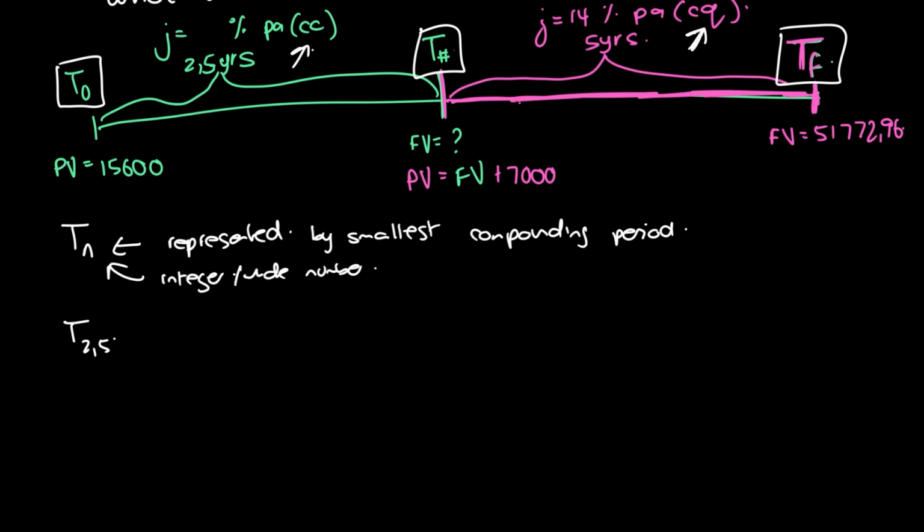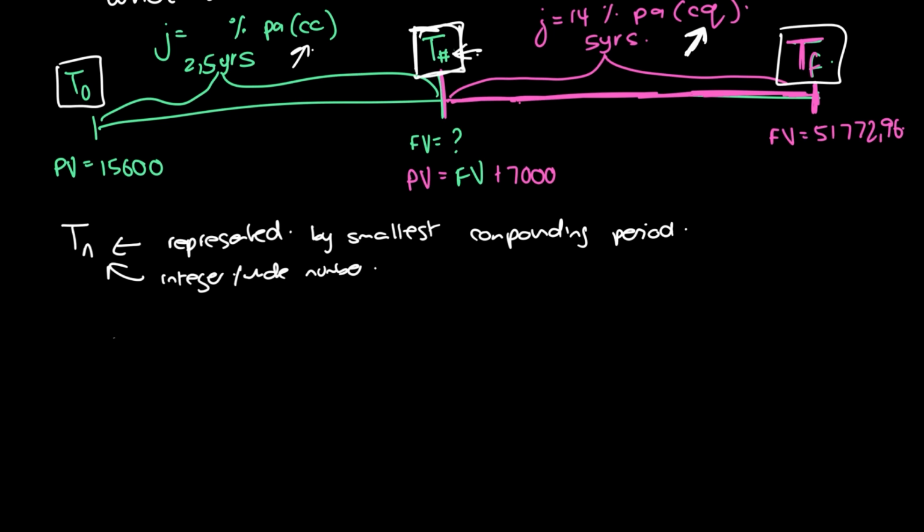We prefer to write our timeline in terms of the smallest compounding unit, which is quarters in this case, so that it's a nice, pretty representation with only whole numbers occurring. So when we look at our timeline and we go through the process, we are going to represent this T hashtag with the hashtag in terms of the quarters at that moment in time.